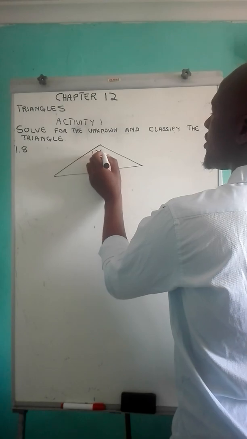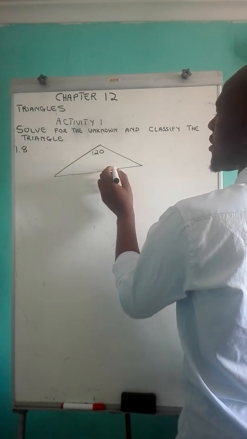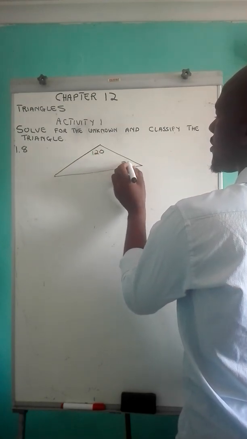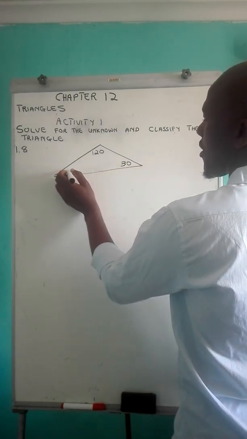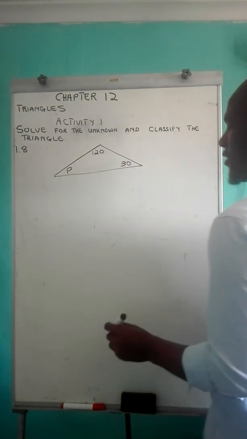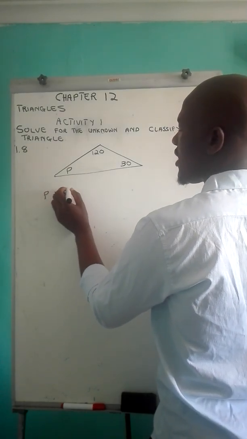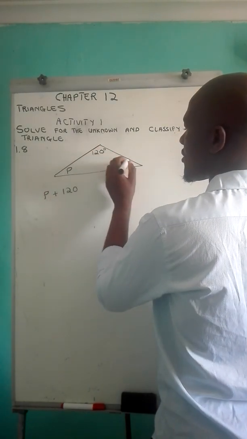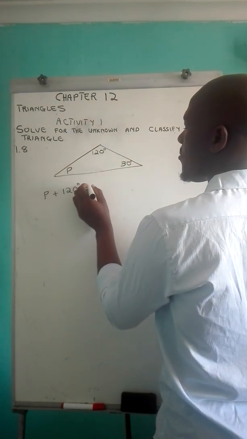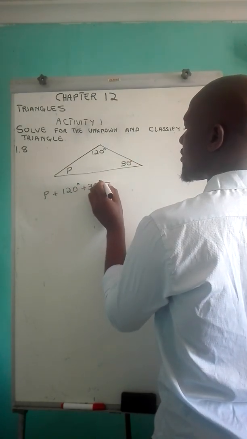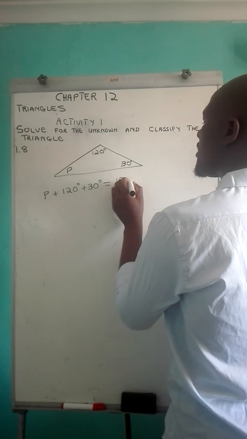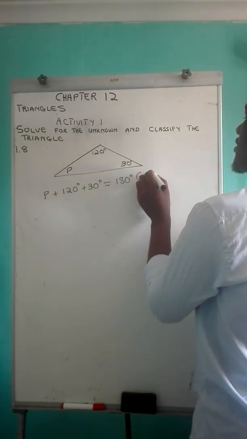This is 120. This is 30. This is P. P plus 120 degrees plus 30 degrees is equal to 180 degrees.